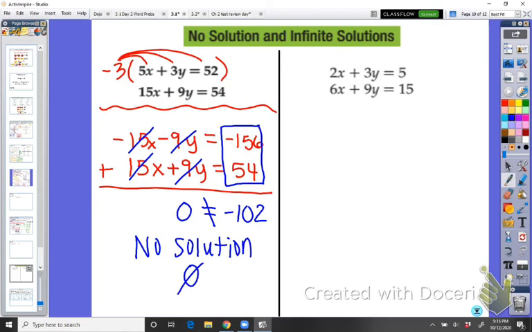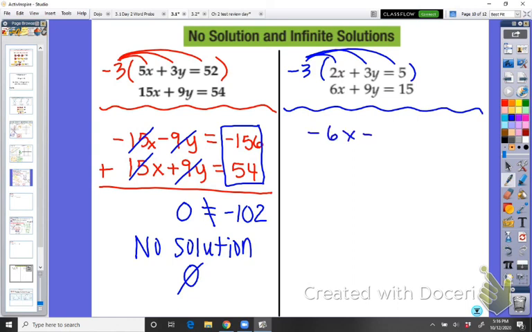On the second one, if I multiply the top by a negative 3 to get opposite coefficients, you have, let's see, negative 6x minus 9y equals negative 15, and the bottom one that you don't change underneath it. Now watch what happens here.